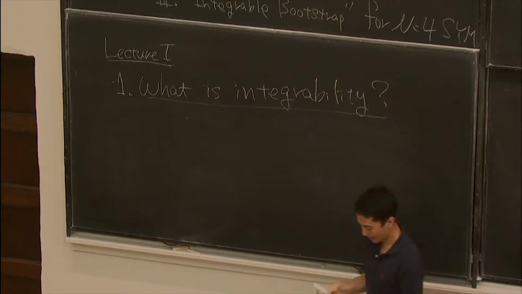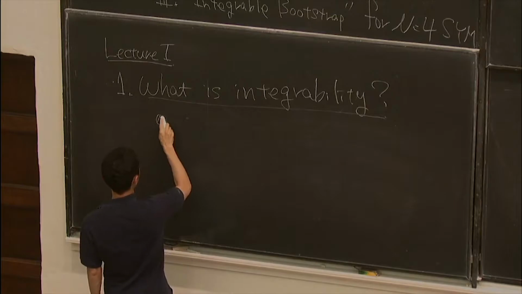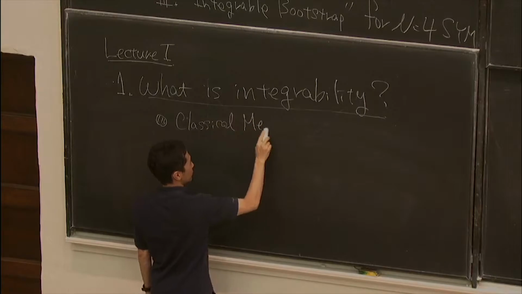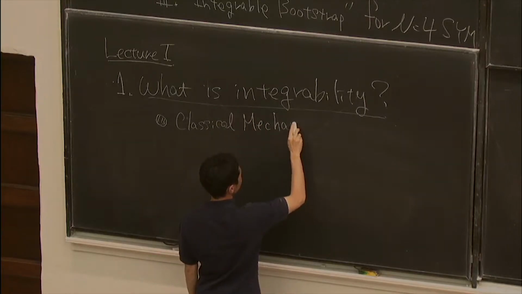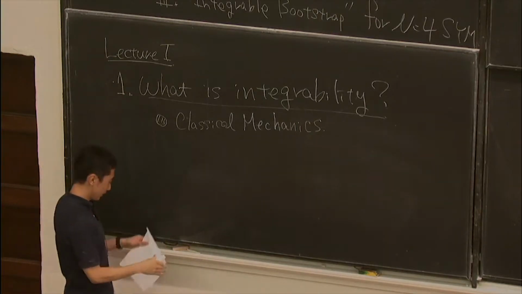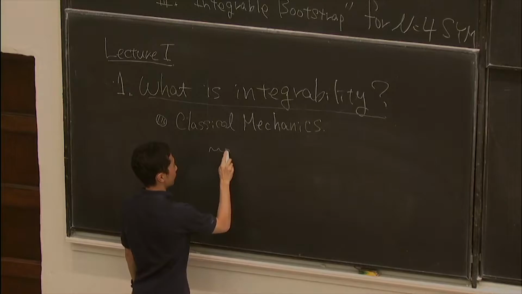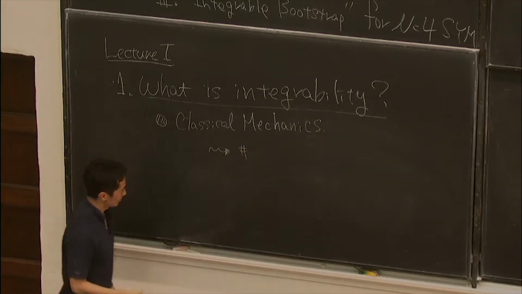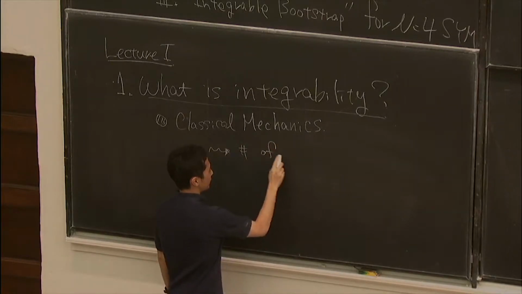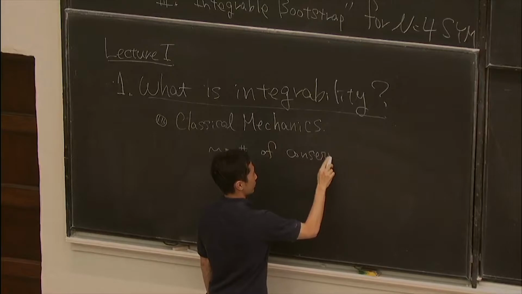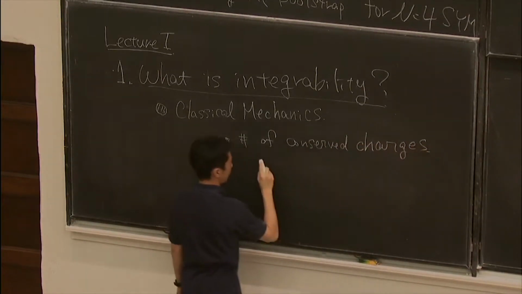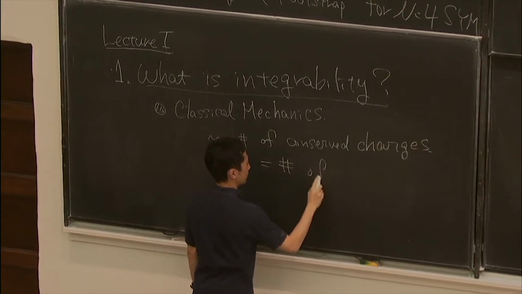In classical mechanics, there is actually a well-defined notion of integrability, which is often called Liouville integrability. Essentially, in classical mechanics, integrability means that the integrable system is a particular class of classical mechanics which have the same number of conserved charges as the number of degrees of freedom.